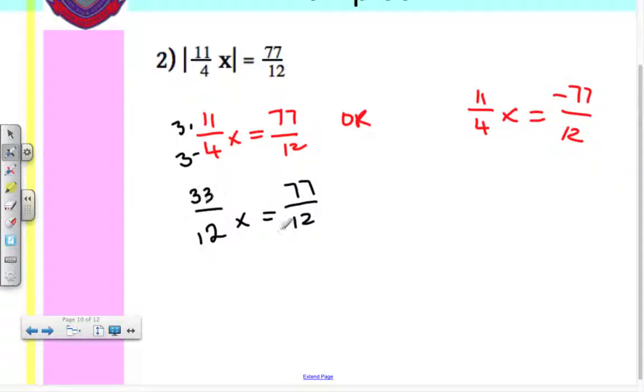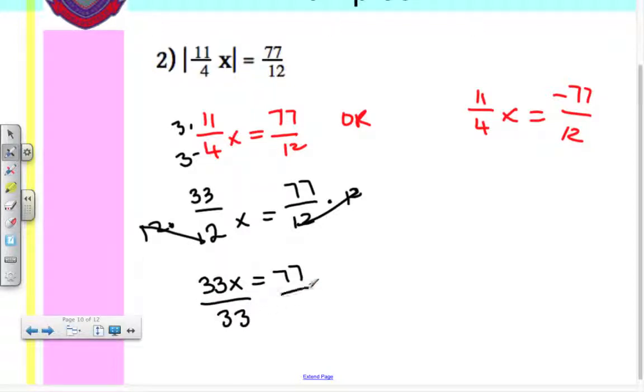So now that I'm working with this, I can times it by 12 so I can get rid of the denominator. These cancel. These are out. 33x is equal to 77. Now we just have a simple one-step equation where I divide by my coefficient, which in this case is 33. This cancels.